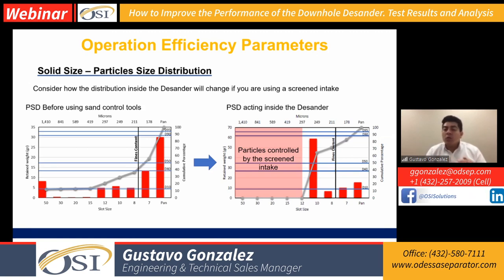Remember, we cannot make the sand disappear. Either we're pushing that sand outside the system, outside the desander and the screen, or we allow that sand to be stored 100% in the tailpipe, or we allow the system to start producing a small portion of the sand. Every time that we're designing a rod pump, we're calculating that clearance or that fit between the plunger and the barrel.